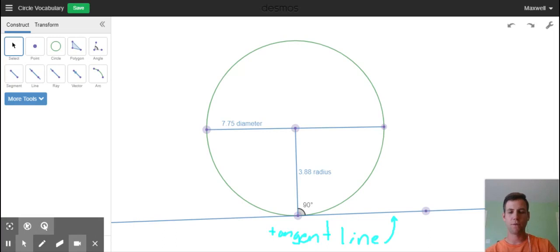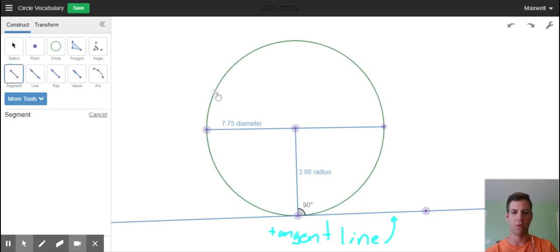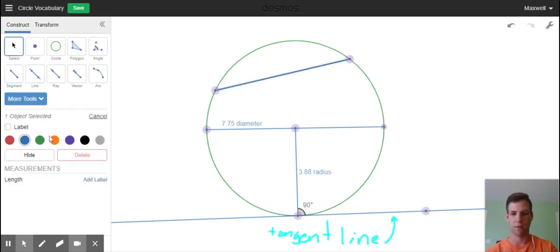The next idea that we're going to draw on our circle would be a line segment that would connect one point on our circle to a different point on our circle. And this line segment here has a different name. It is known as a chord. That is just what it sounds like, what I mentioned before, connecting 2 points in the circle.